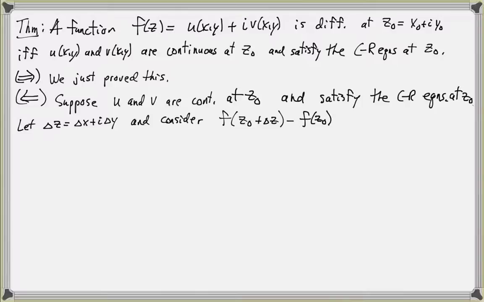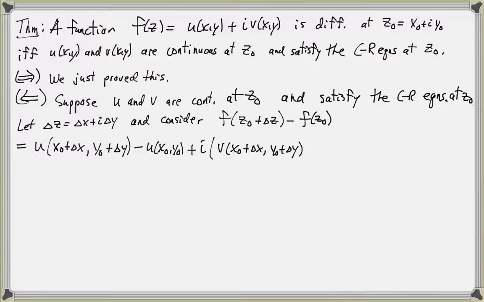But first I'm going to rewrite this expression in its components, u of x0 plus delta x, comma y0 plus delta y, minus u of x0 y0 plus I times v of x0 plus delta x, comma y0 plus delta y, minus v of x0 y0.